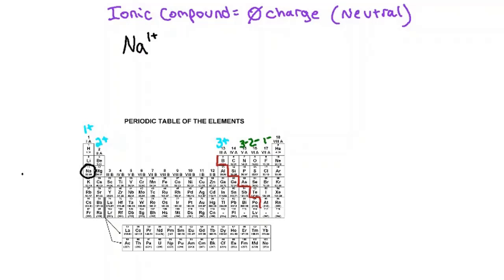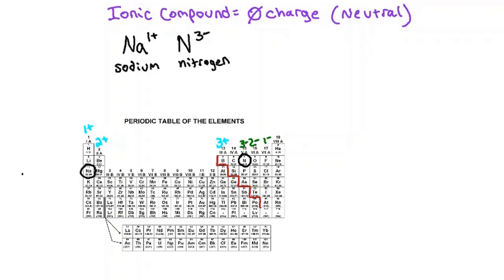And then, what did I say? Sodium nitride. So here's nitrogen over in the nonmetal section. So nitrogen is just the letter N, and it has a 3 negative charge to it. So this would be sodium, and this would be nitrogen.